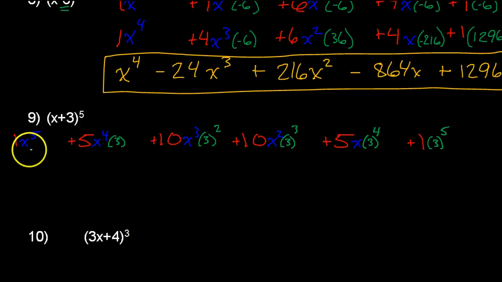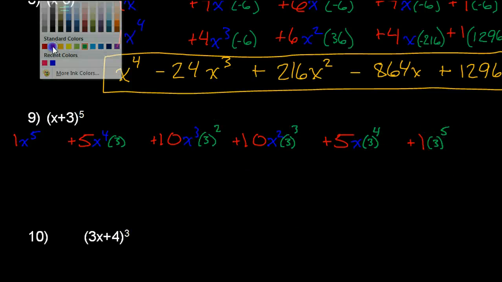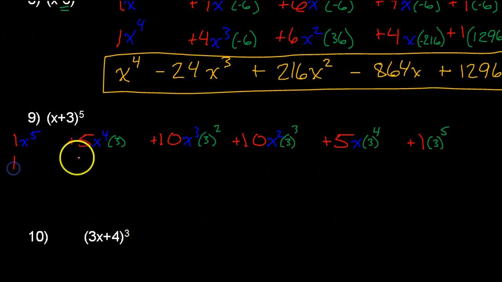The last term doesn't get any 3's. So just like I did before, let's do all of these powers first. So I'm going to recopy everything else the way it is. So I've got 1, 5, 10, 10, 5, 1.